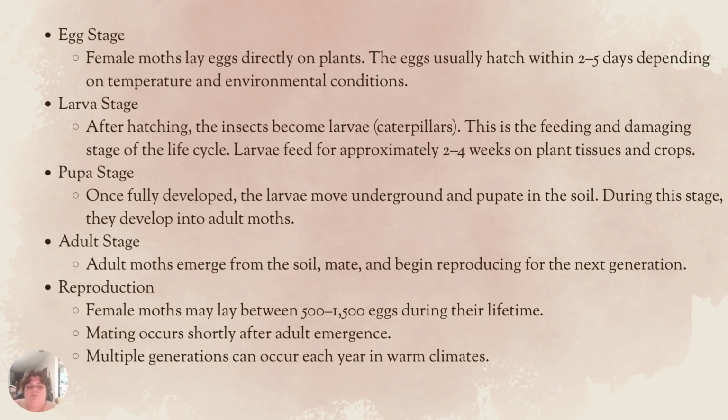Multiple generations can occur each year in warm climates, which makes it so that a lot of problems are reoccurring. The offspring of the parents will be able to damage crops right after the parents, which can cause a lot of economic loss.